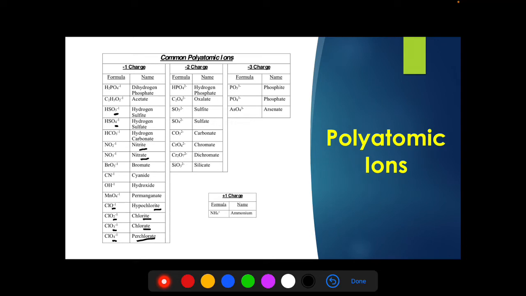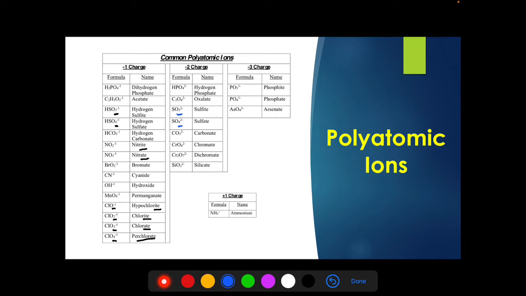Some of them sound really, really similar, so be careful. The second column, those are all of your polyatomic ions with a minus 2 charge. Hydrogen phosphate, oxalate, sulfite, sulfate. Once again, we start to have very similar names, sulfite and sulfate. SO3, SO4, both with a minus 2 charge.